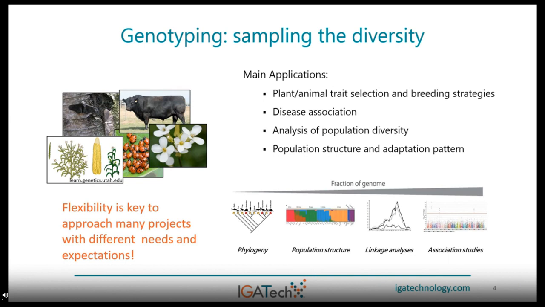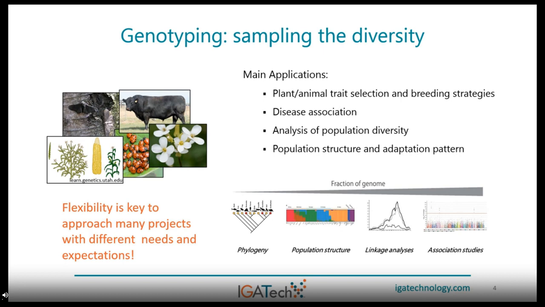As you know, genotyping is the art of sampling the diversity in large cohorts of samples, and it can have many applications, which go through plant and animal trait selection, association with disease or resistance genes, sampling the population diversity and analysis of structure of those populations, and identification of adaptation patterns to understand how plants or crops are or can adapt to the climate changes that are occurring to our planet.